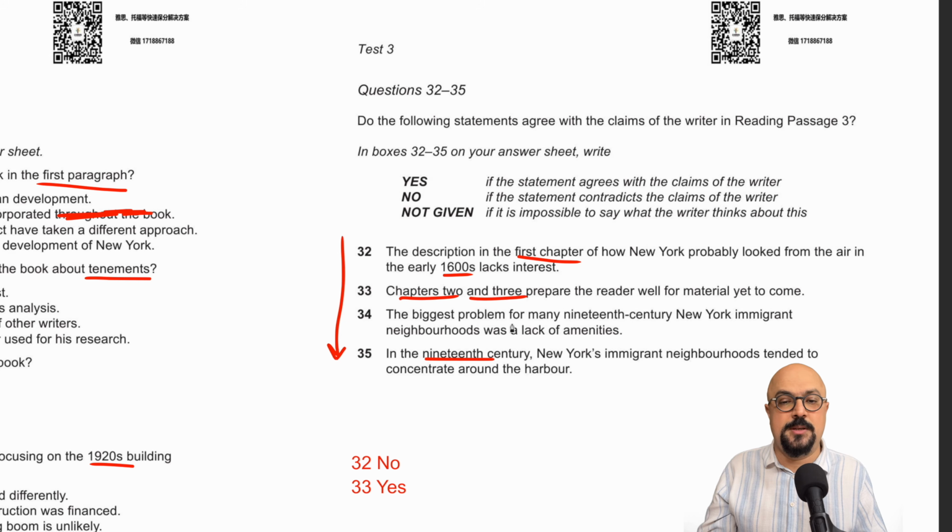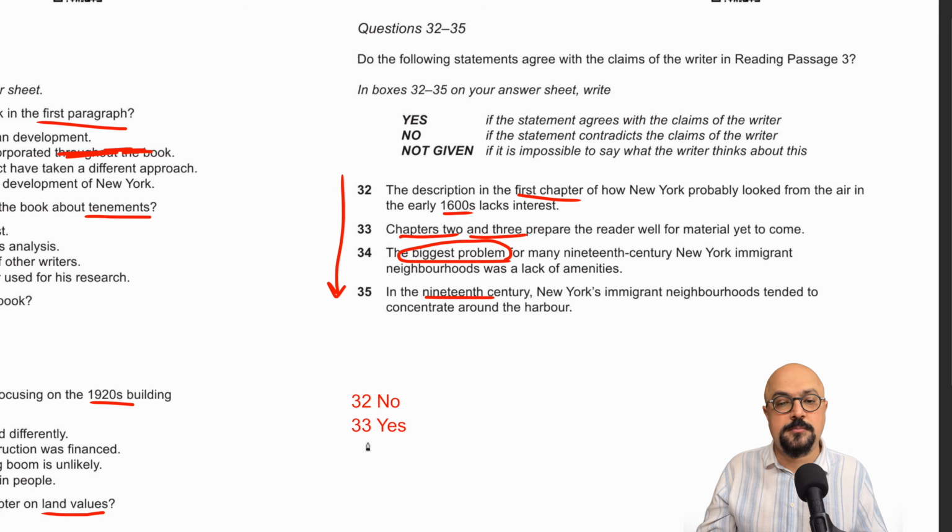This is a very big claim. It was not given in the text. So we found the area about amenities, but there was nothing mentioned about it being the biggest problem. Therefore, the answer is so far not given. We can write not given or simply NG.